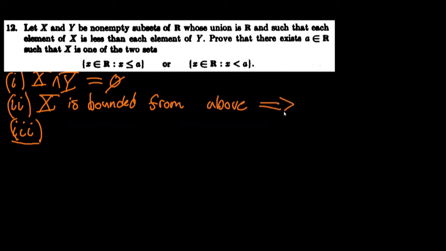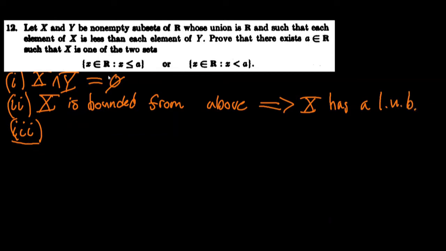For part 2, we're going to prove that X is bounded from above, thus implying by the least upper bound property that X has a least upper bound.